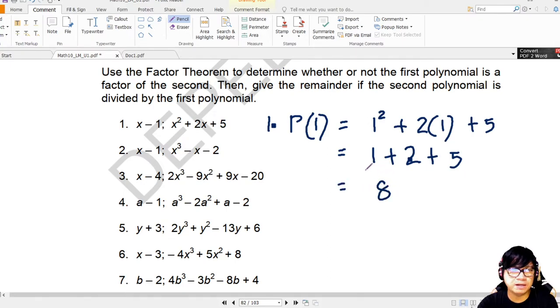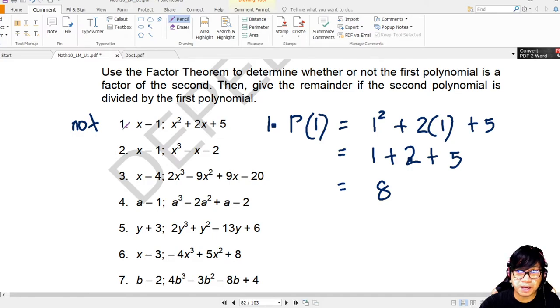So this is the remainder. Since the remainder is not 0, x minus 1 is not a factor. Let's just add the word not: not a factor.